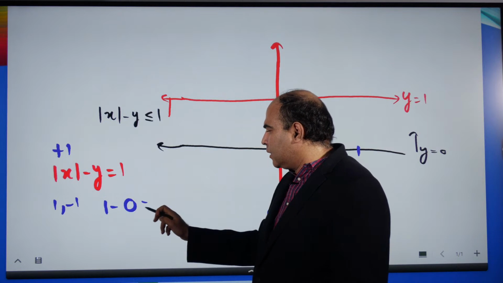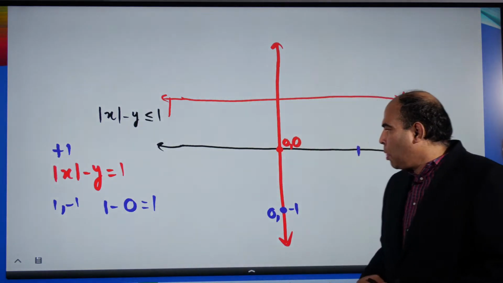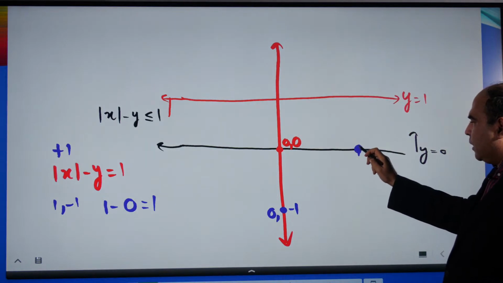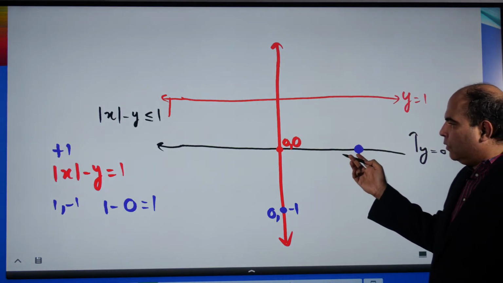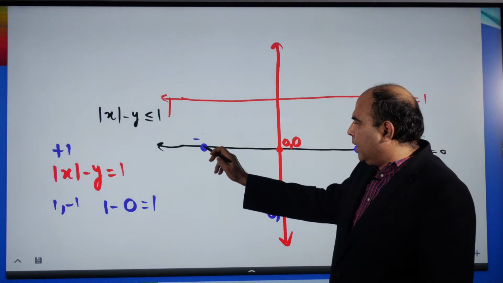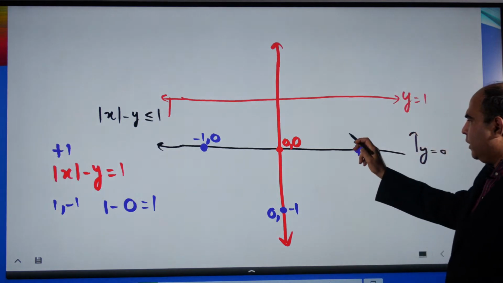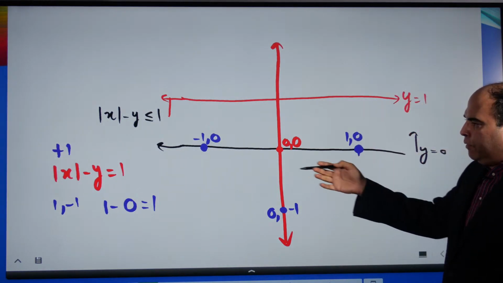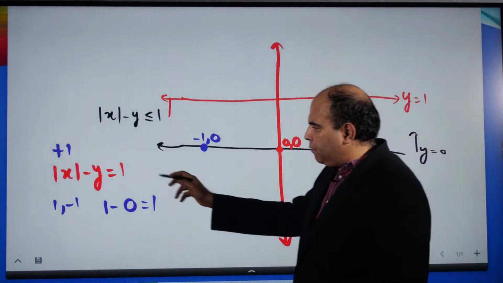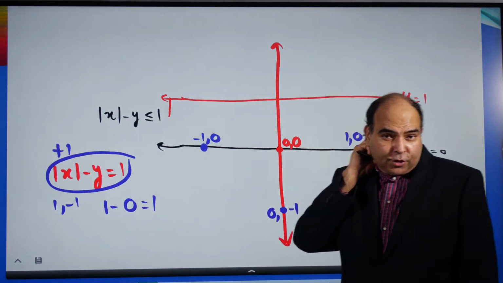Only then do I get this equal to 1. So that means I have another point that at x equals 1, my y is 0, and at x equals minus 1 also, the value of y is 0. So I get 2 points here, which will be part of a graph or a function which gets defined by this expression.